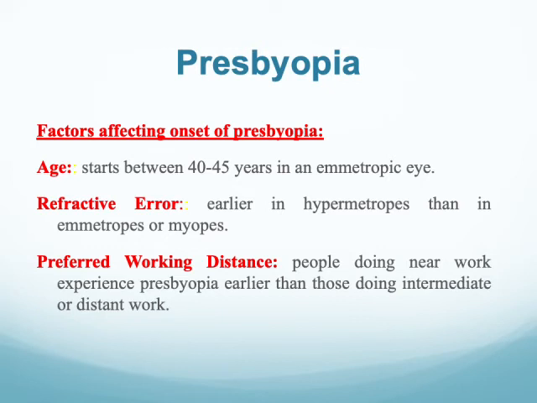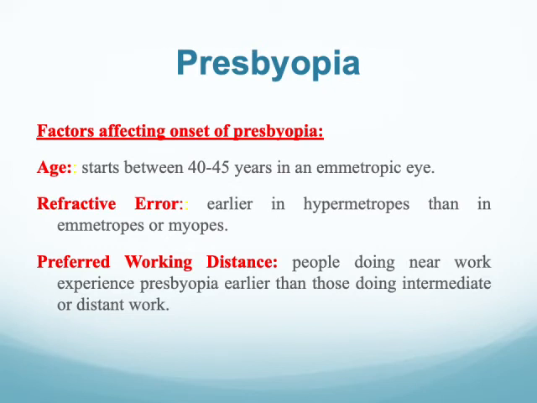The third factor is the preferred working distance. This means how much do you need your near vision? People doing near work experience presbyopia earlier than those doing intermediate or distant work.